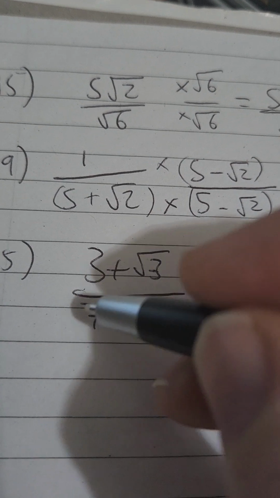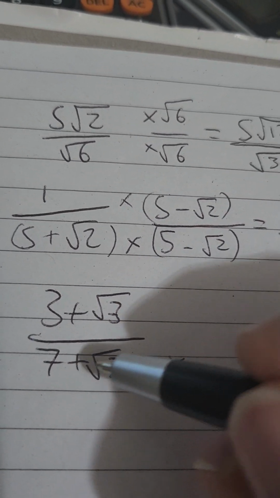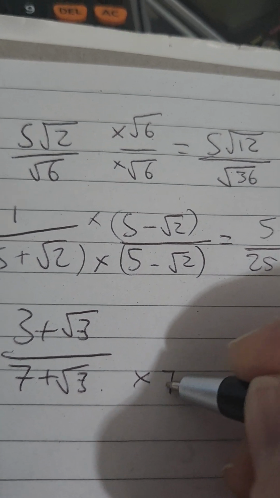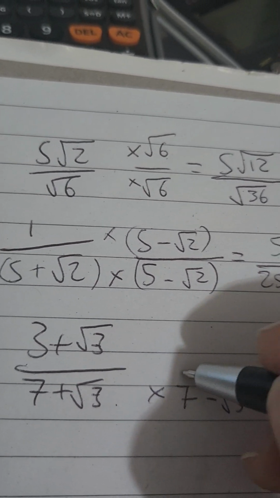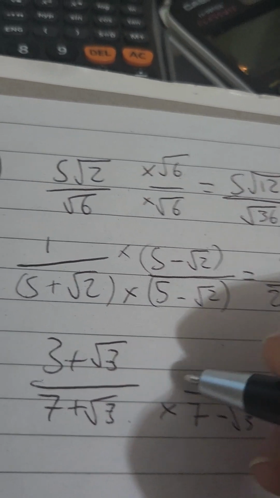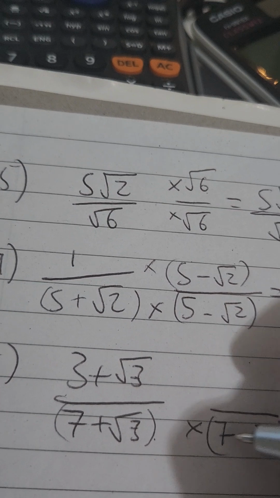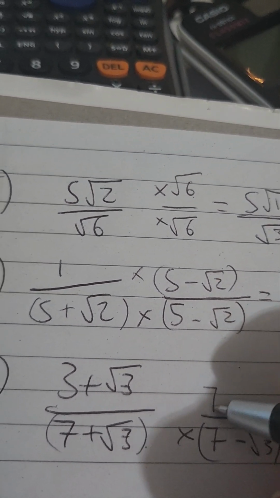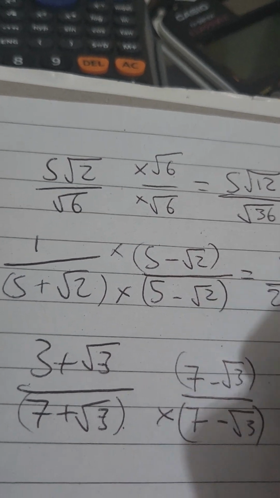Similar with this one, we're just dealing with the bottom, so we're going to times it by the same thing, changing that to a minus, because that then eradicates the middle part, it simplifies it. It's called the difference of two squares, so if you need to look that up on Maths Genie, please do. And then again, whatever I do to the bottom I must do to the top, otherwise I change the number, and remember this is an equivalence.